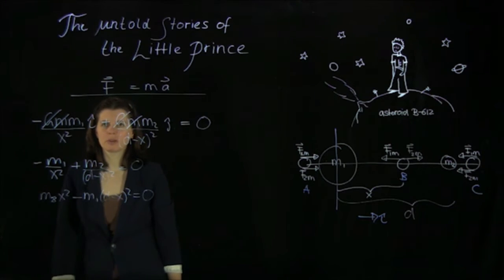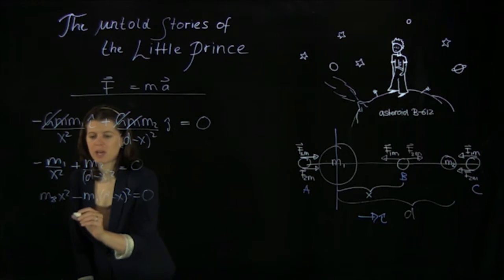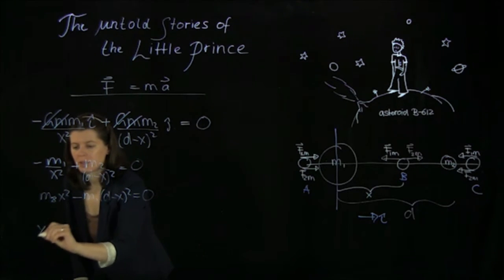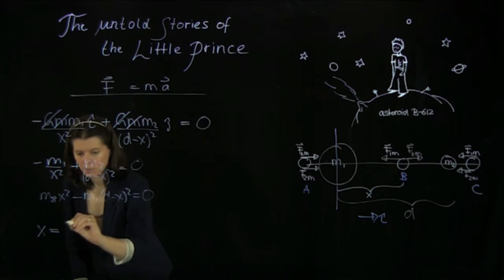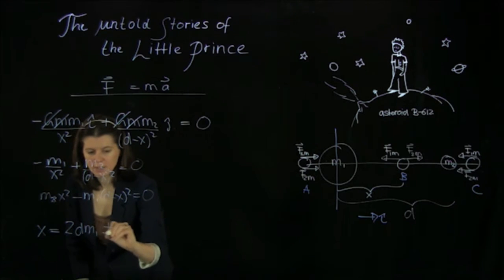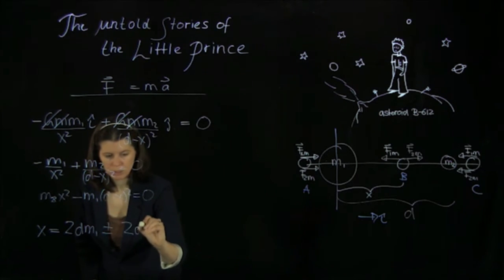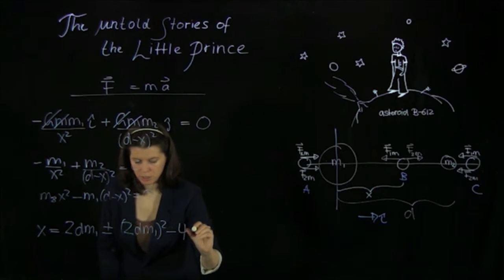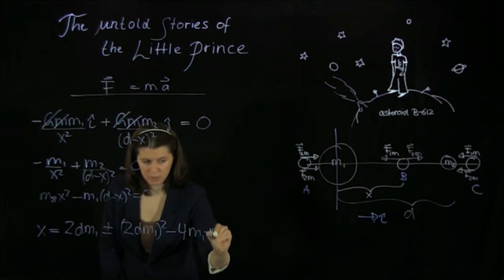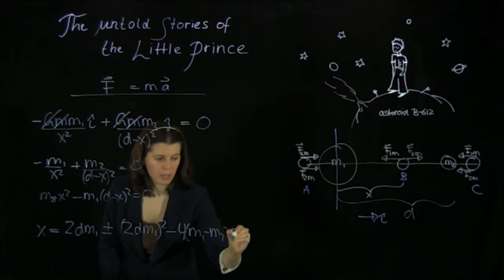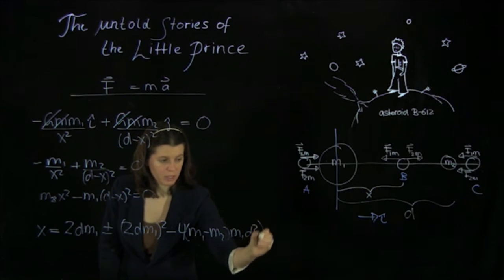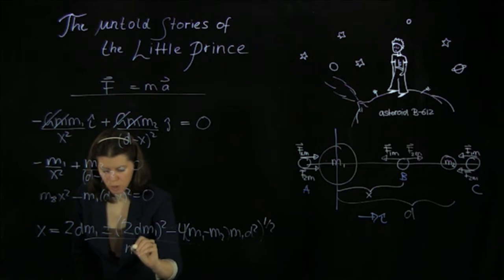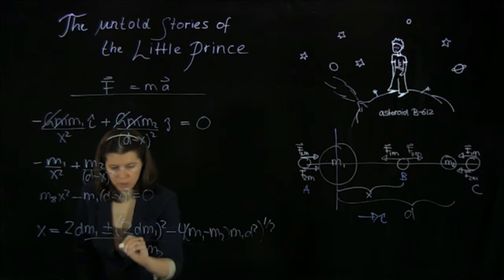And if we do a few steps of arithmetic and then write down the general solution to this quadratic equation, we will find this here. x equals 2 d m1 plus minus the square root of (2 d m1) squared minus 4 (m1 minus m2) m1 d squared, over m1 minus m2, and actually we need 2 of those.